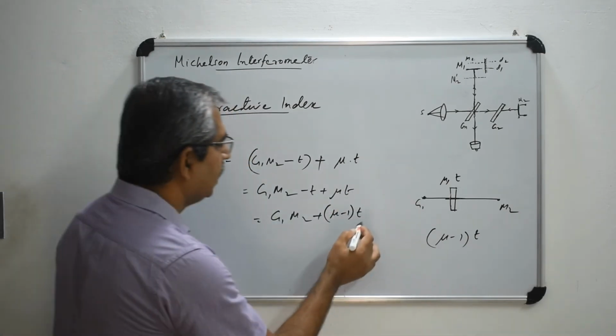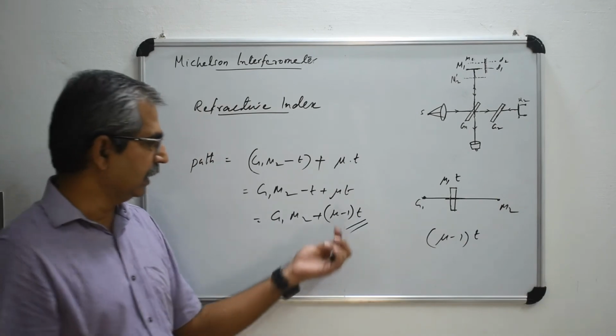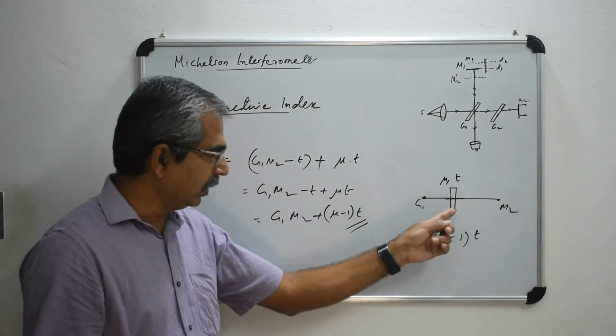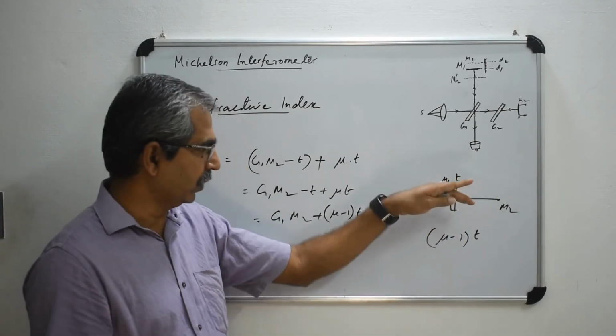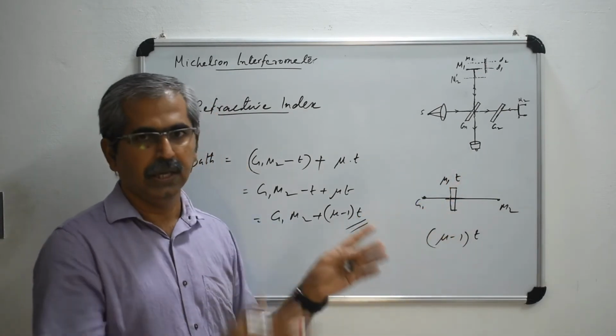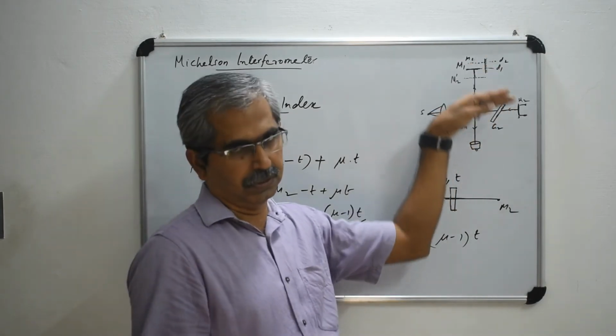Okay, so this is the additional path that is produced when you are introducing a thin sheet of refractive index mu and thickness T in the path of one of the beams.